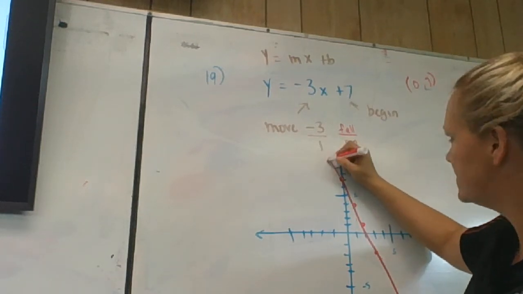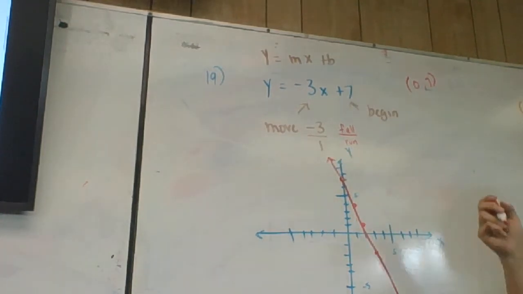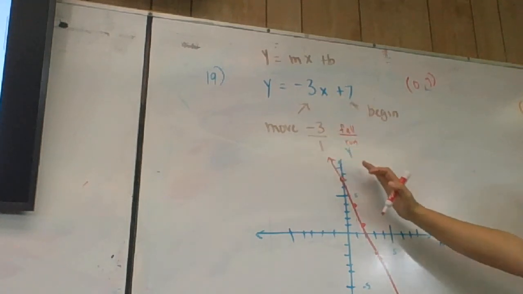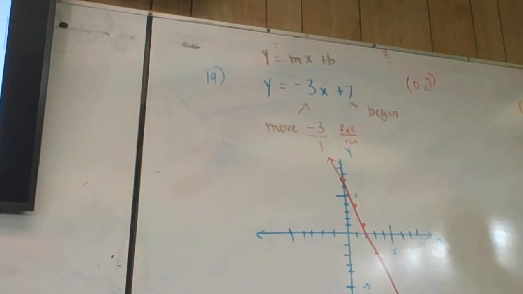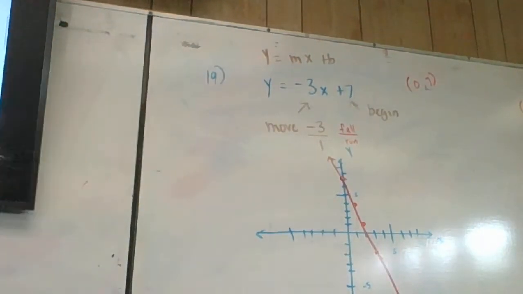Yeah, it's a negative slope. Remember, if you're walking downhill, it's a negative slope. If you have a negative m, it should be going downhill. If it's positive, it would be going uphill.